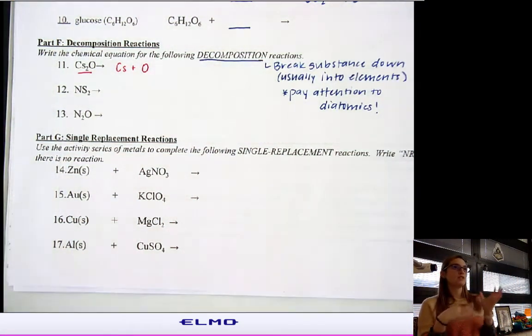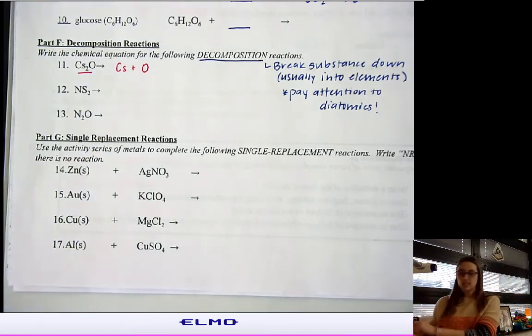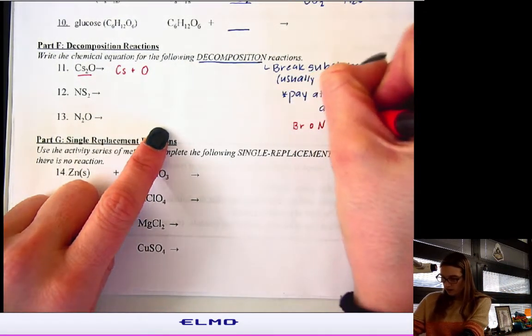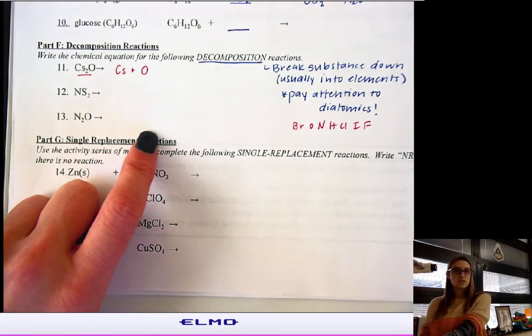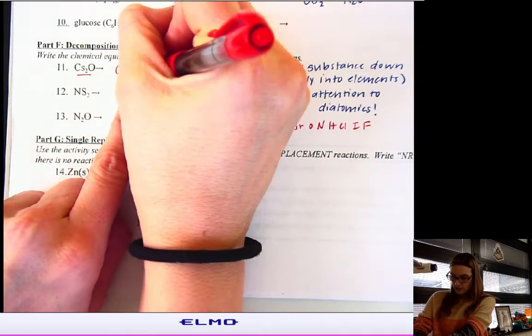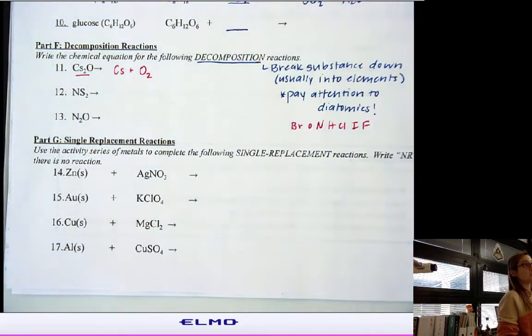The only time you move the subscripts over is if it's a polyatomic ion. Neither one of these are polyatomics. But you do pay attention to diatomics. So if it is one of Brown H. Cliff, it gets that 2 subscript. Oxygen, when it's by itself, is O2 because it's diatomic. So the oxygen that's in the air right now is O2, not just O.